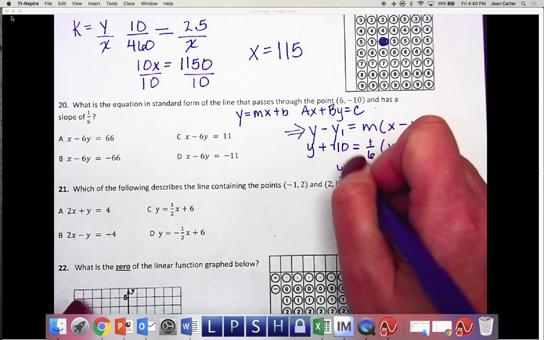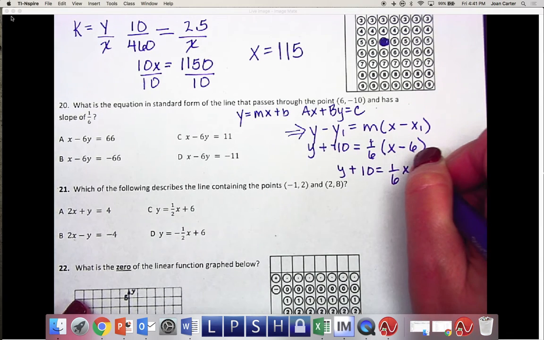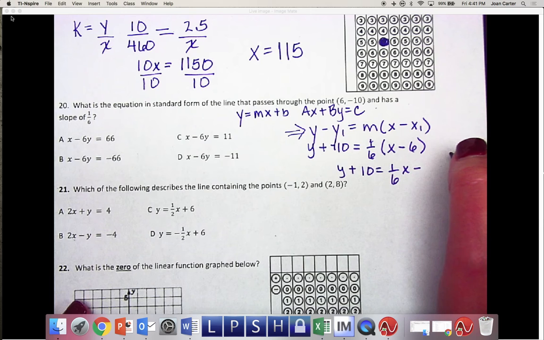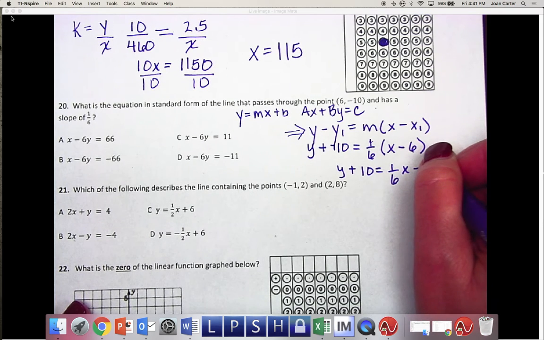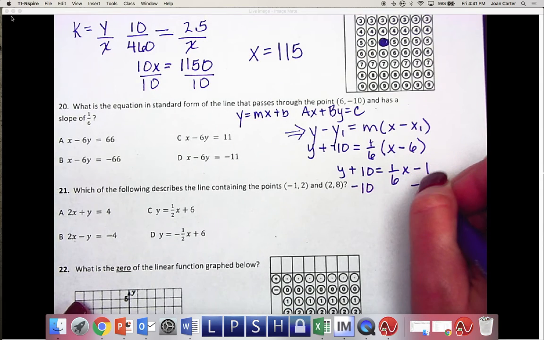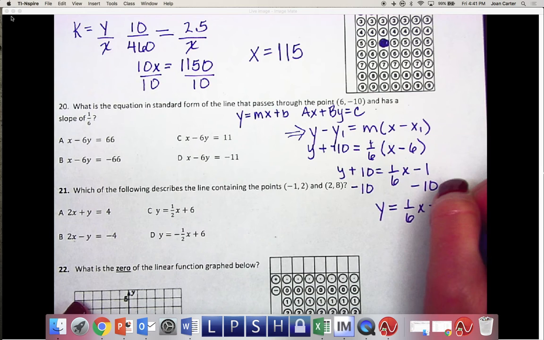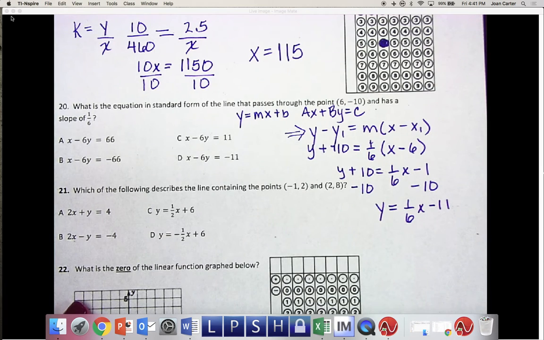So I've got y plus 10 is equal to 1/6 x minus 1/6 times 6 is 1. I'm going to subtract 10 from both sides, and I get y is equal to 1/6 x minus 11. And of course, that is not in standard form. So we know how to do that too.